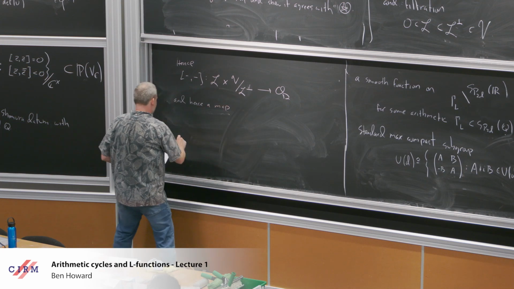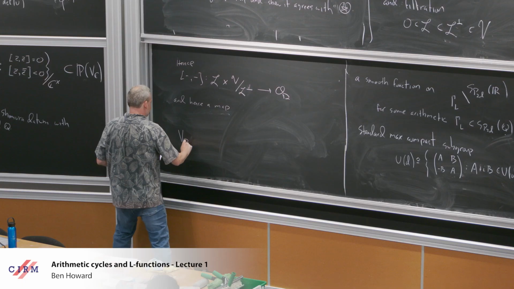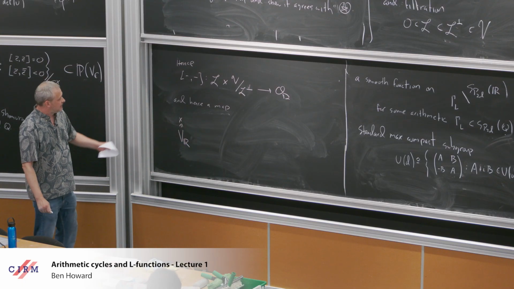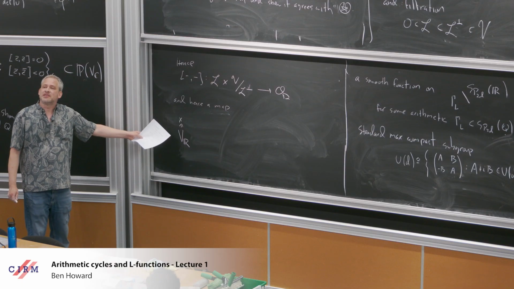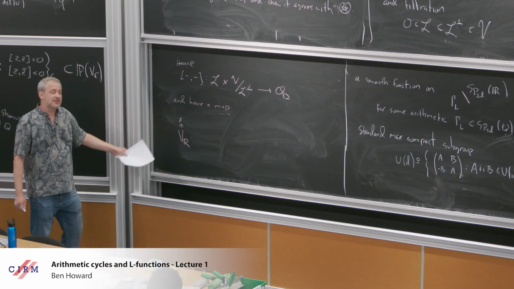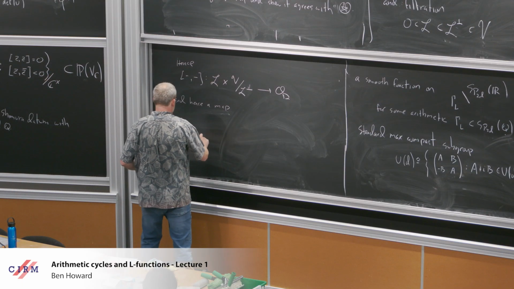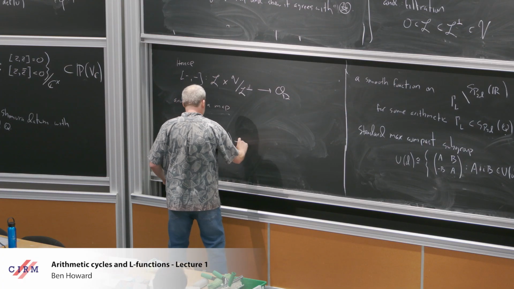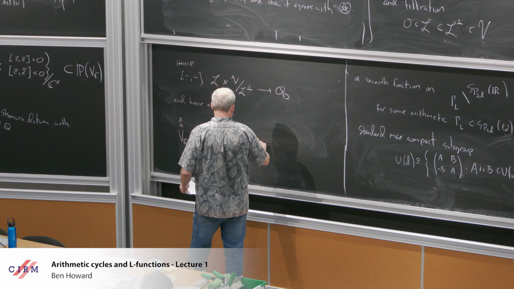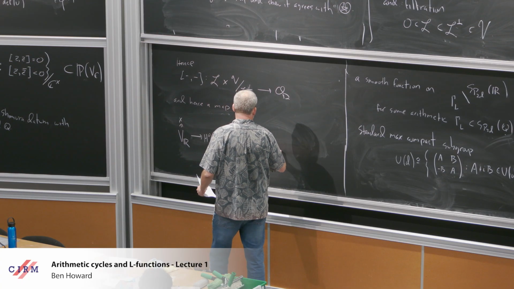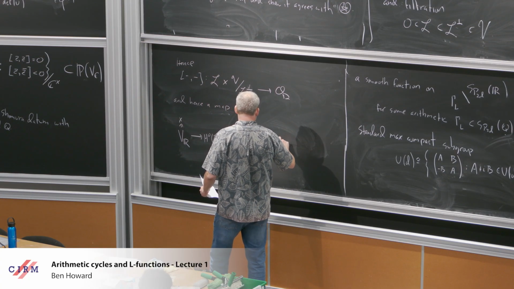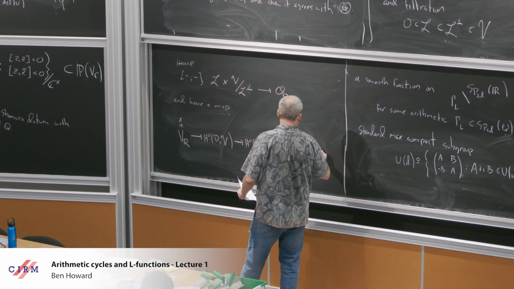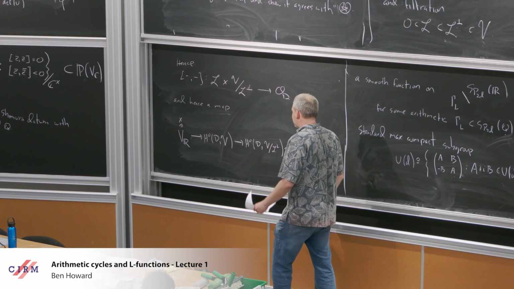What kind of map do we get? Well, if I take a vector x in the real points of my quadratic space, that vector x determines a constant section of my constant vector bundle, which then maps to the quotient, which I identify with the dual of the tautological bundle.